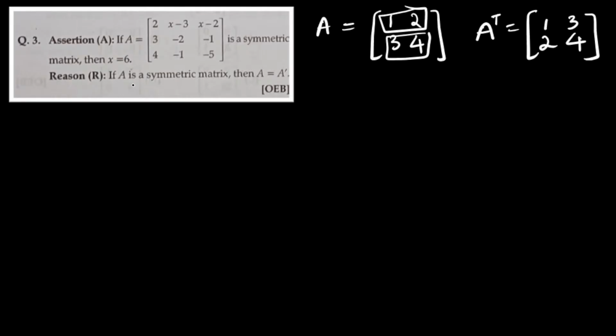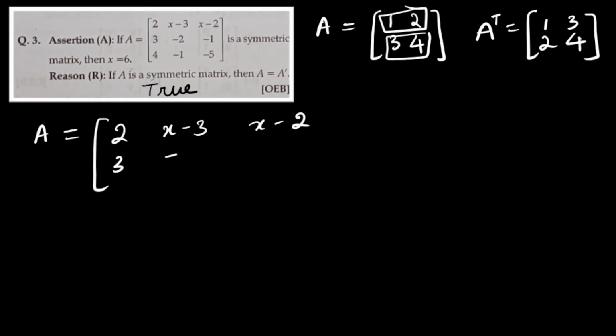I've already told you, if A is a symmetric matrix, then A is equal to its transpose. That means reason is true. Assertion we have to check. If matrix A is equal to its transpose, then the given matrix is symmetric. Now they are telling if this is a symmetric matrix, then X is equal to 6. So I'll write A as the matrix with rows 2, X minus 3, X minus 2; 3, minus 2, minus 1; 4, minus 1, minus 5.